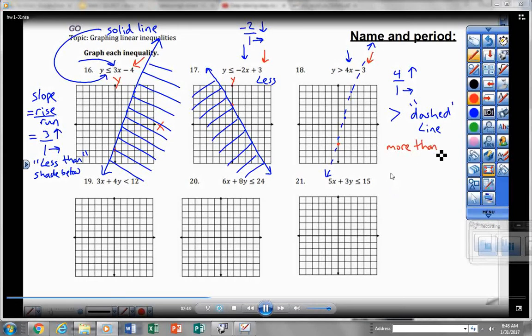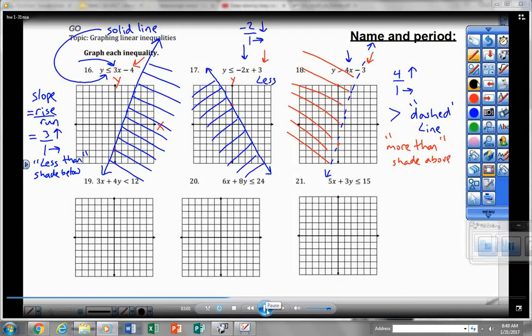So I will shade above my line because that is more than. That means every point in that shaded region will satisfy this inequality. So more than, always shade above. Less than, always shade below. Plain inequality, always a dashed line. Inequality with the equal line under it, always a solid line.